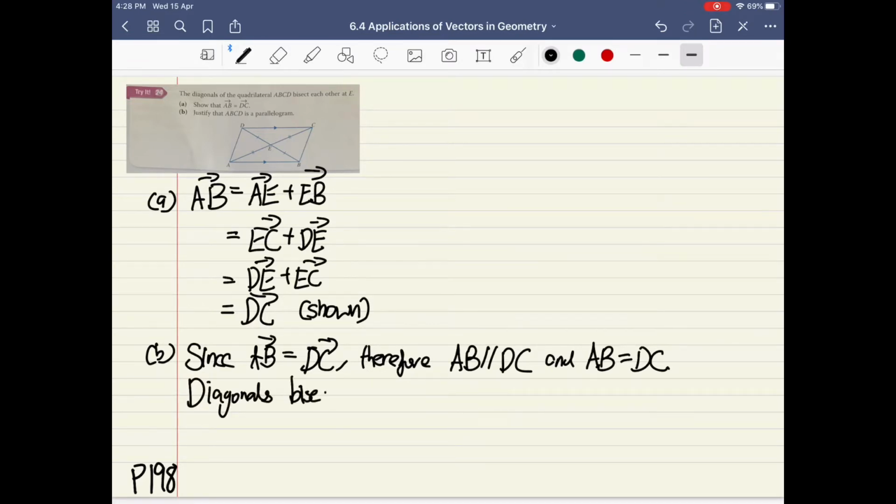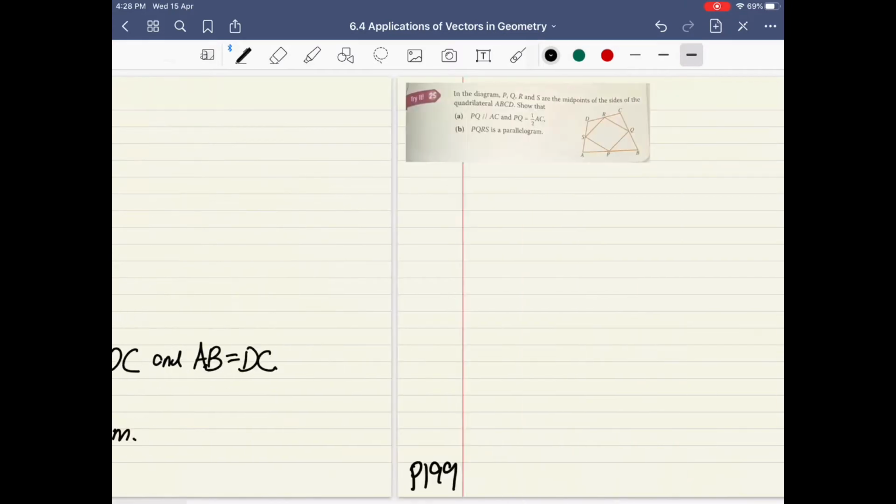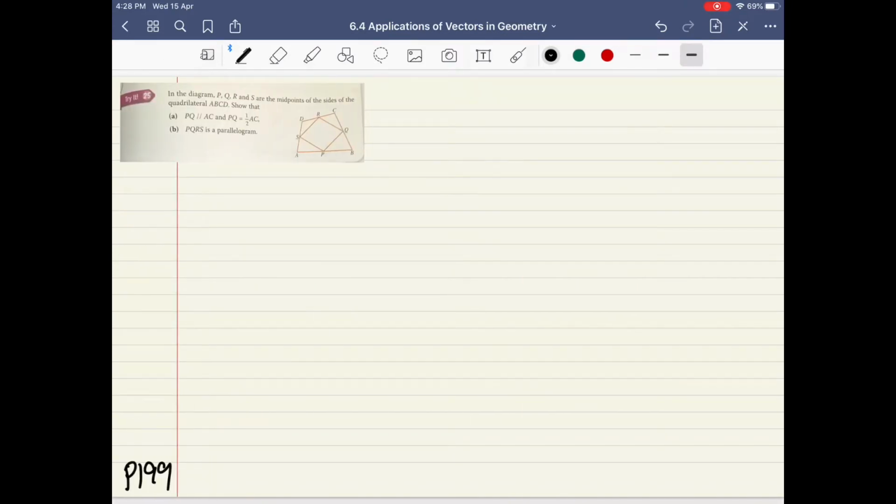So the length of AB is equal to DC. Then the diagonals bisect each other, and this is given down here. So therefore, hence ABCD is a parallelogram.